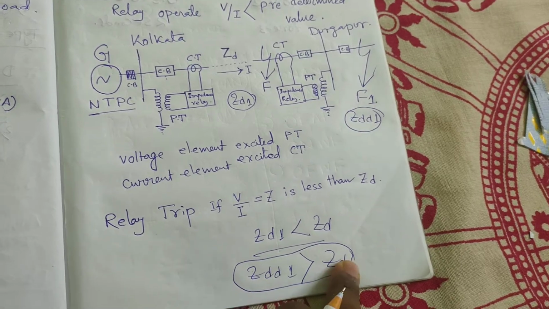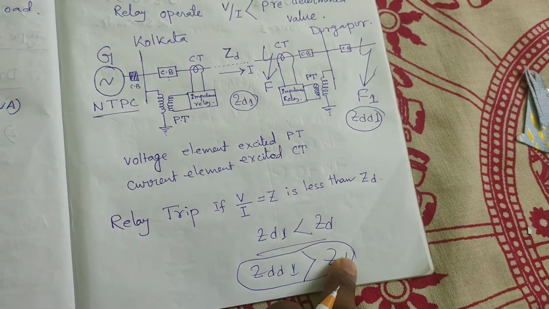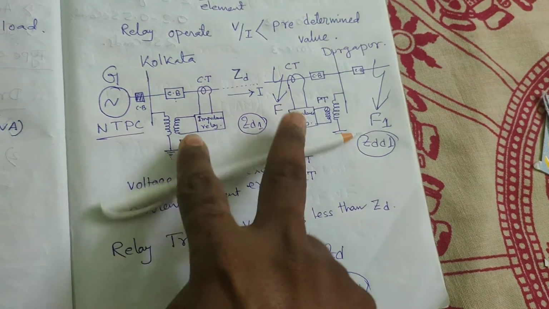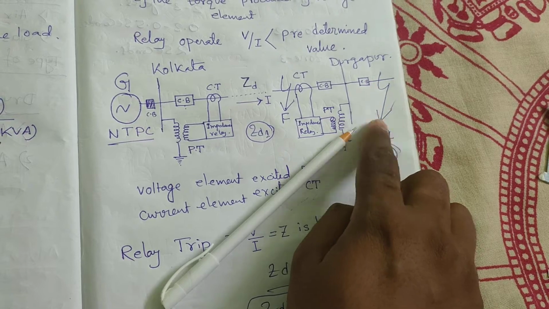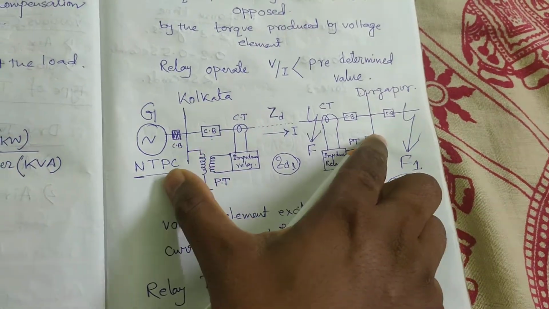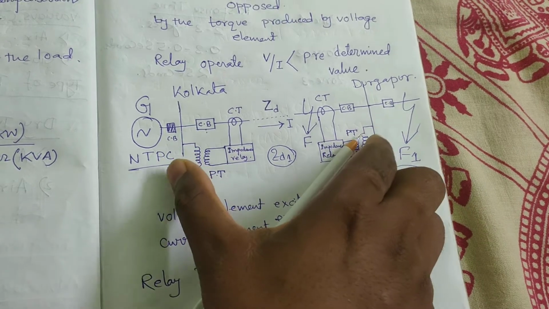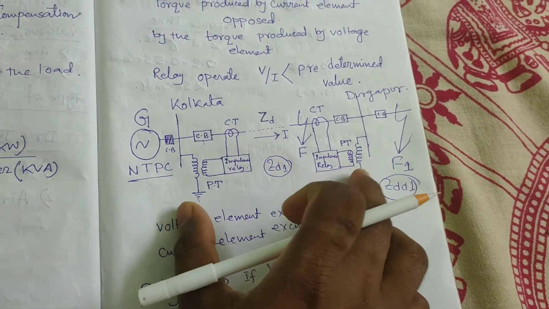We will not provide any tripping pulse to the particular breaker, so that section will not be isolated. If the relay is connected here, the faulty section will be out, but the healthy section will be normal, so uninterrupted power supply will be there.